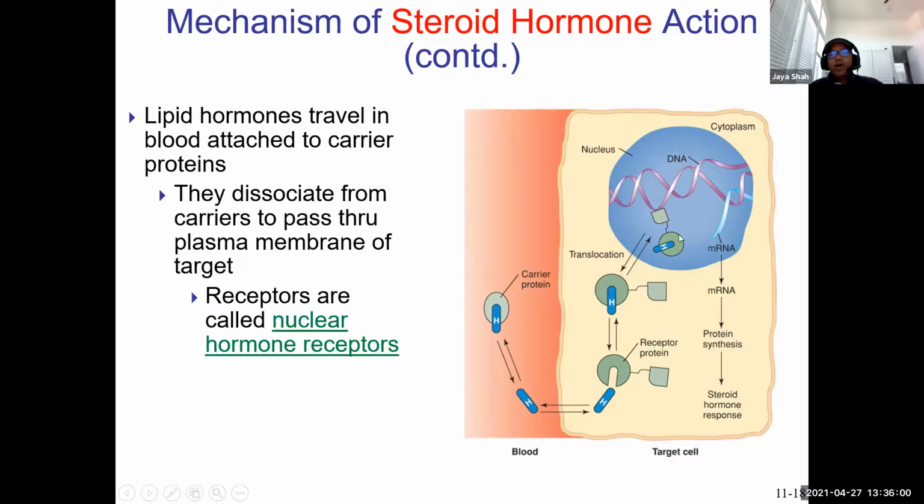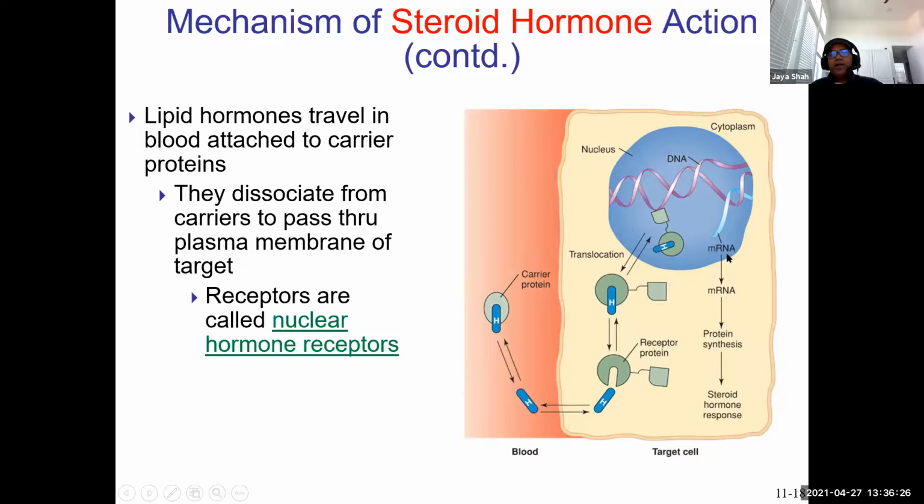Once the hormone with the nuclear hormone receptor binds with the DNA through the DNA domain of the receptor, that changes the transcription of that particular section of the code. And when they change the transcription, they produce specific messenger RNA.